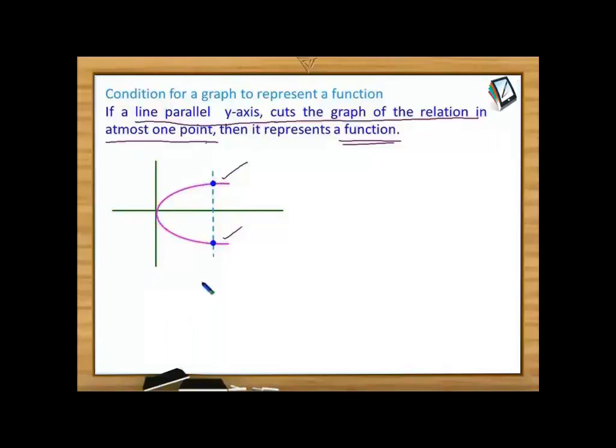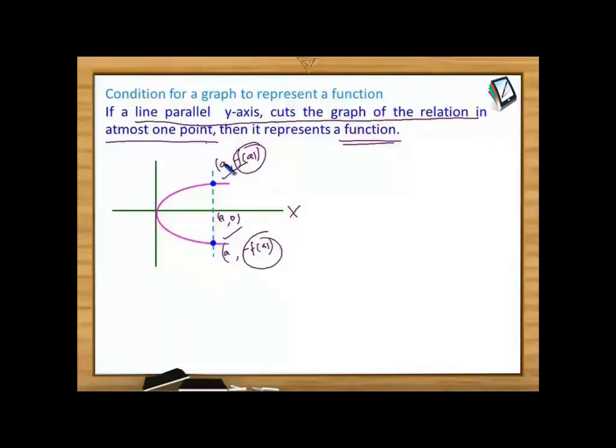Now what happens here? Suppose I say this is a point (a, 0) on x-axis, then this would be (a, f(a)), and this would be (a, -f(a)). Now if you look at this, a is an element in the domain which is on x-axis. It is mapped to f(a) and -f(a).